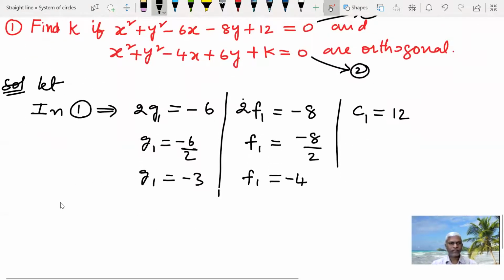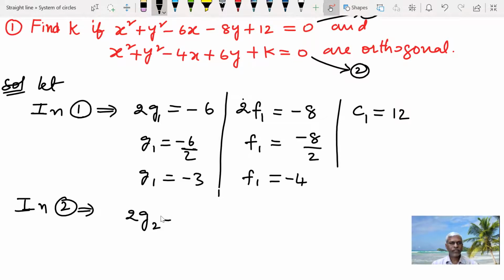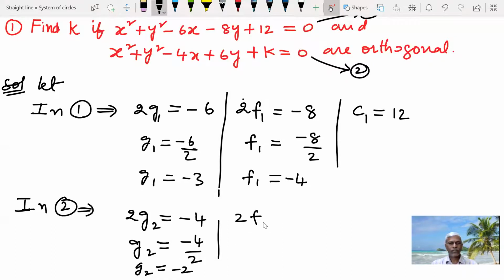In the second equation, 2g2 is minus 4, so g2 is minus 4 by 2, so g2 is equal to minus 2. 2f2 is equal to 6, so f2 is equal to 6 by 2, f2 is equal to 3.